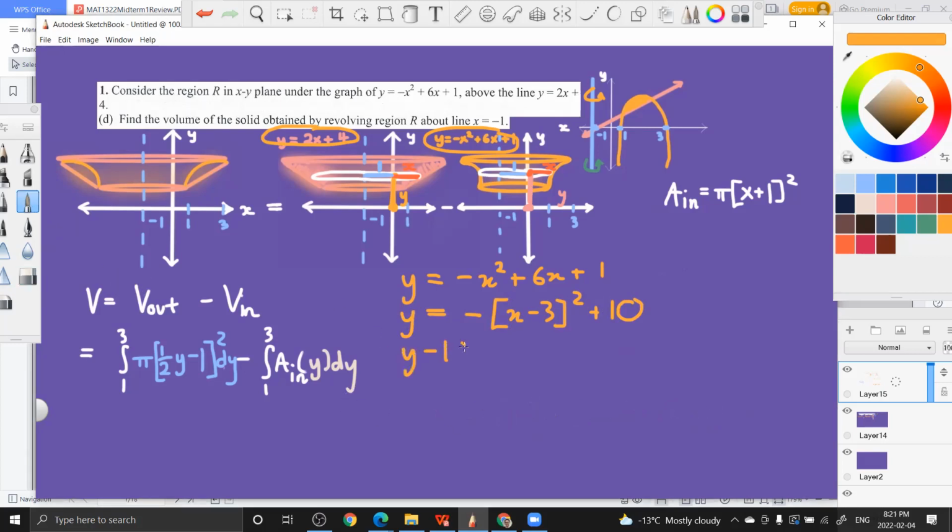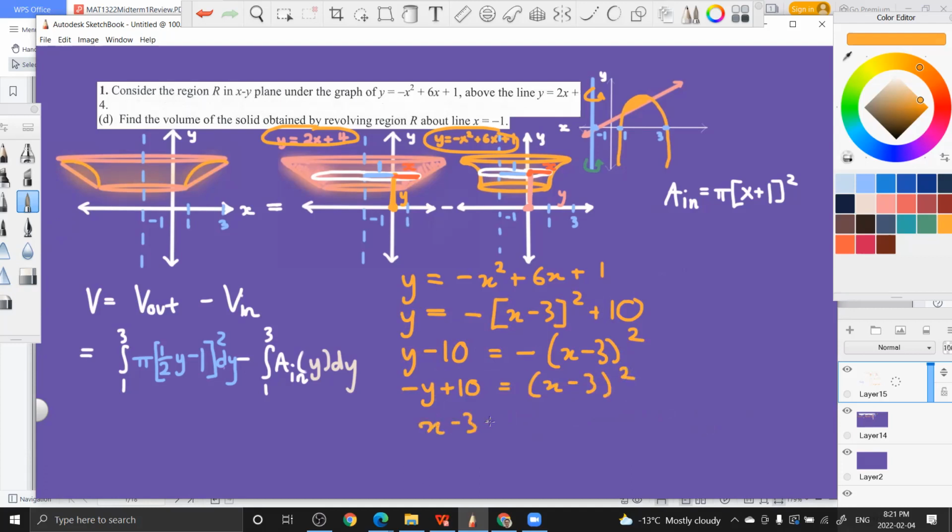So y minus 10 is equal to negative (x minus 3) to the power of 2. Then we multiply both sides by minus 1. We get negative y plus 10 is equal to (x minus 3) to the power of 2.